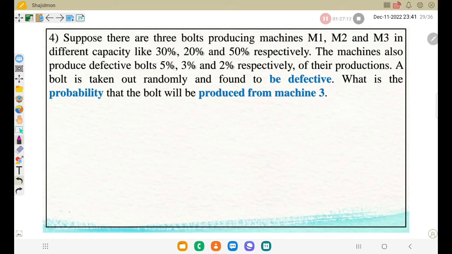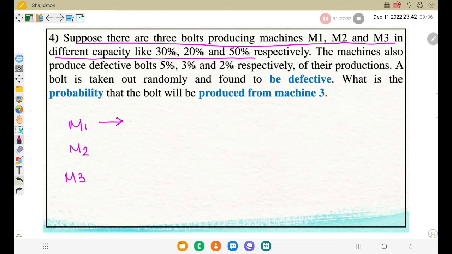Now suppose that there are 3 bolt producing machines M1, M2, M3, the same question we did in question 3, but the question is different. Numbers are all the same, situation is also the same, only the question is different. Machines M1, M2, M3 have different capacities: first machine 30% of the total capacity, machine 2 20%, and machine 3 50%, correct.